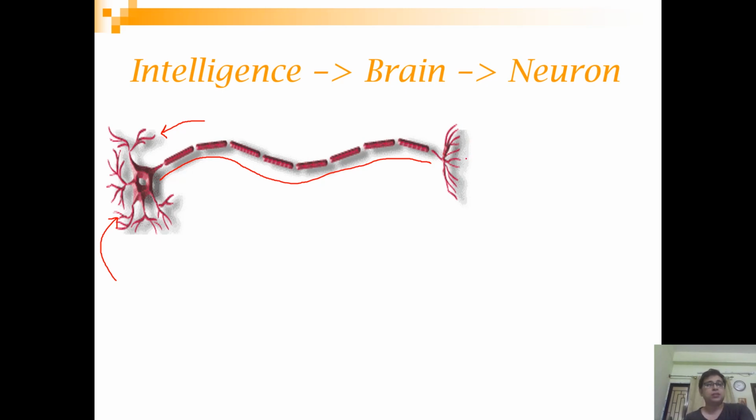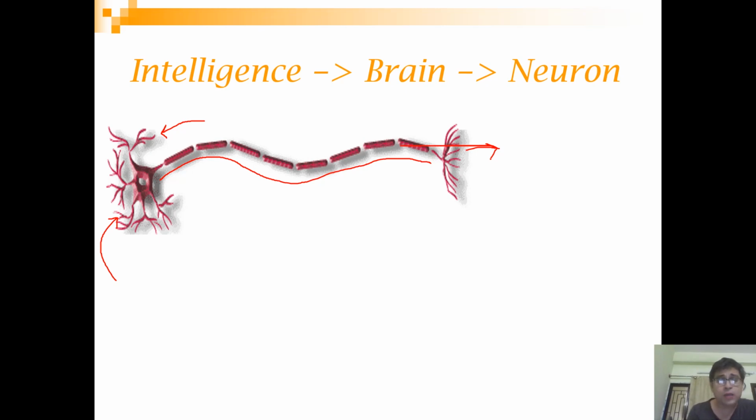Now this response that is produced is available again through this claw or hand-like structure, which are called dendrites. So this is, at a high level, the different components of a biological neuron.